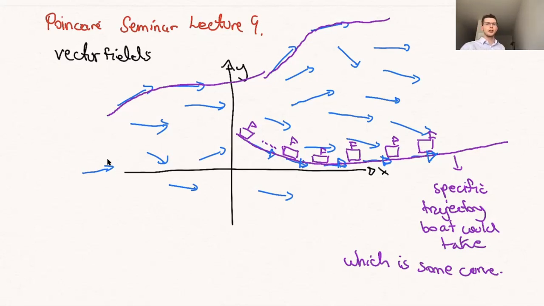And again, maybe not everyone has taken calculus before, but you have this curve and you have certain arrows that are sort of tangent to the curve, right? So the arrows are tangent to the curve in some way.